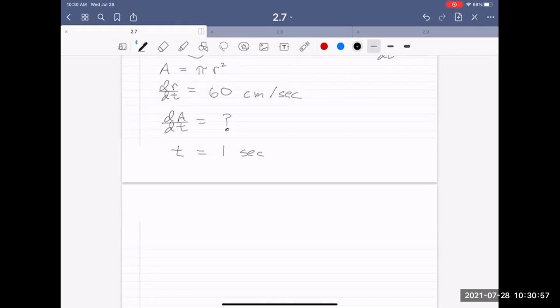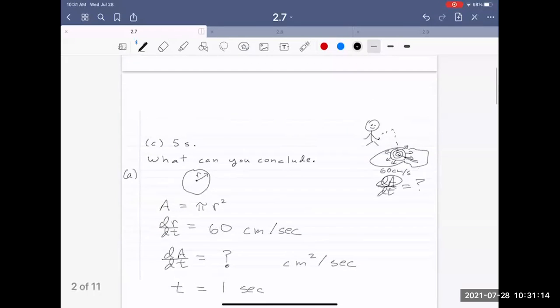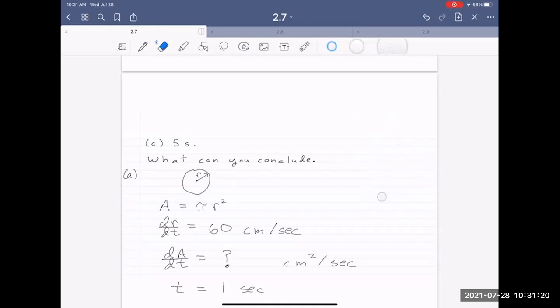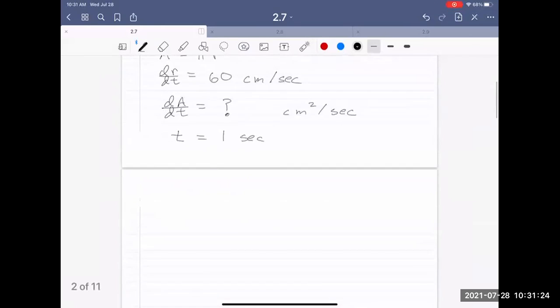Since the radius is given in centimeters and the time is given in seconds, this rate will be given in square centimeters per second. Okay, I can get rid of this drawing. That was just a helping drawing.